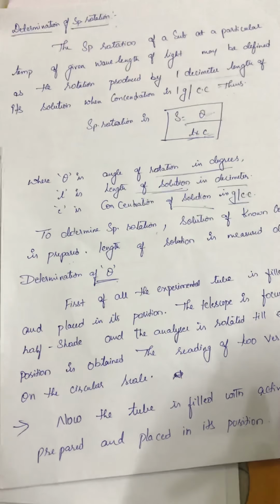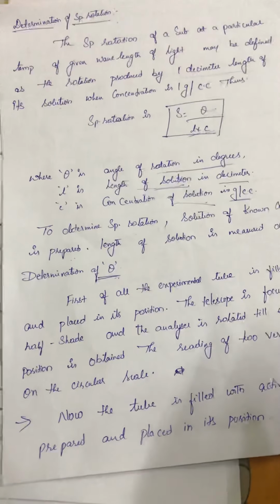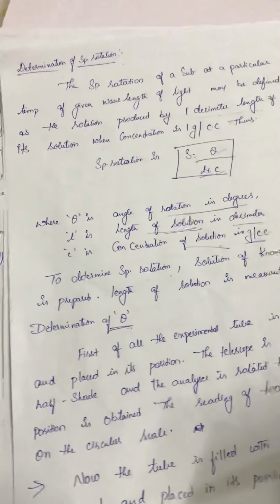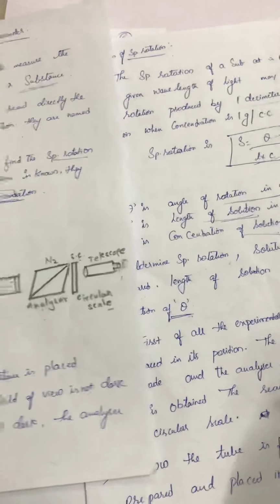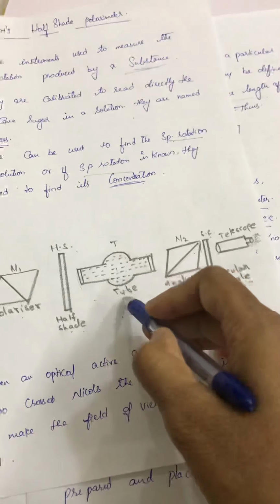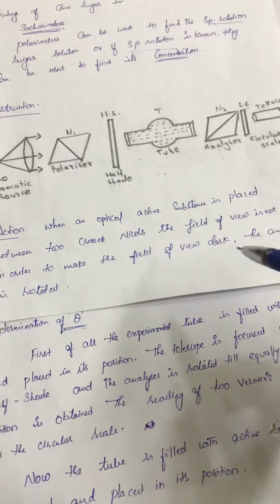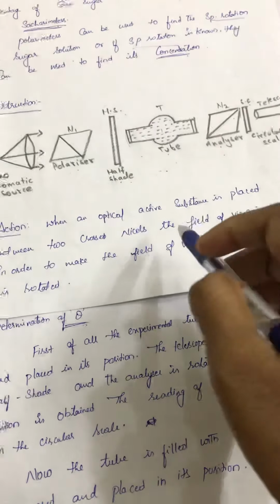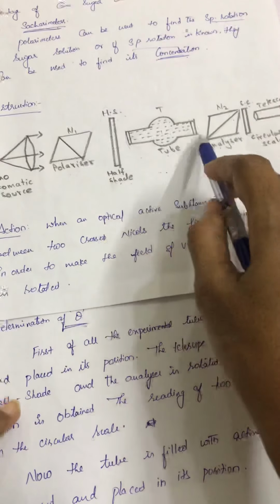How to find out the theta value? First of all, the experiment tube. Which tube? I'll show you the figure. The tube is filled with water and placed in its position.